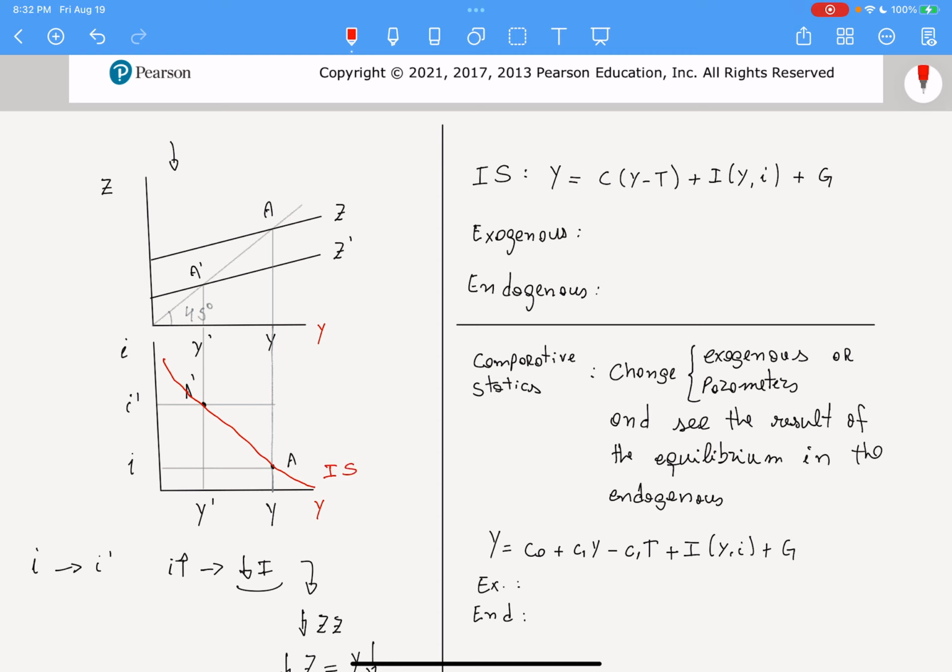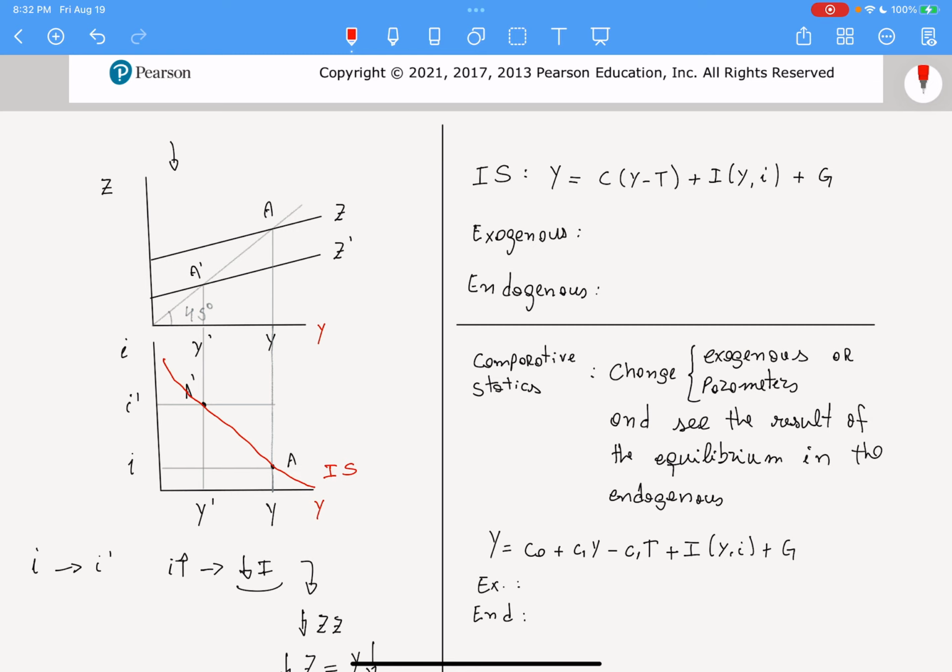How does one derive the IS curve? We start with the demand schedule here, where we have the demand and the 45-degree line. Then we change the interest rate. As the interest rate changes, this impacts the investment. The investment impacts the demand, and the demand in equilibrium equals the value of the output.